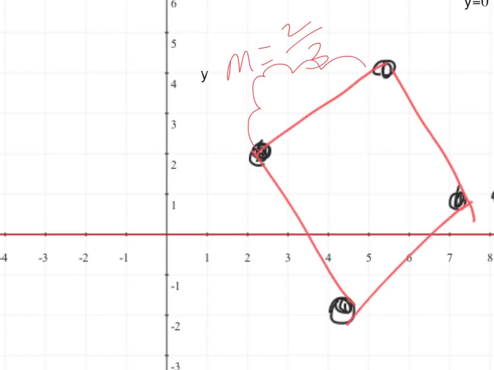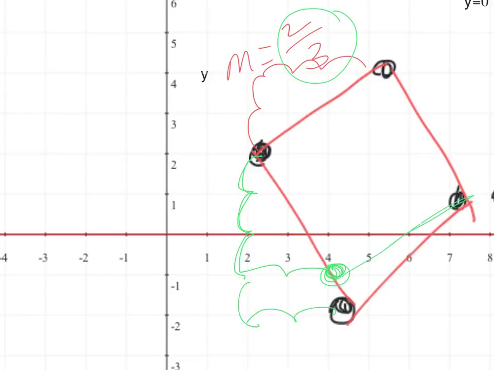And then versus this slope, 1, 2, 3, whoops, 4, 1, 2. So I went too far. In order for this to be perpendicular, it would have to be the opposite reciprocal of that. So it'd be down 3 over 2. It'd have to be right here.